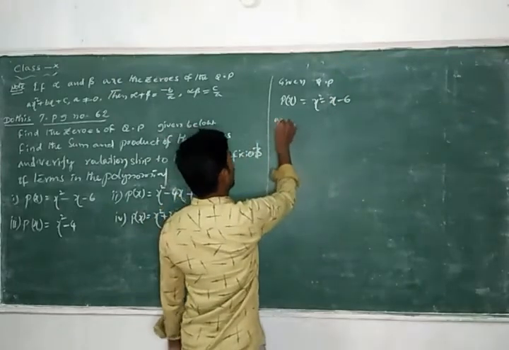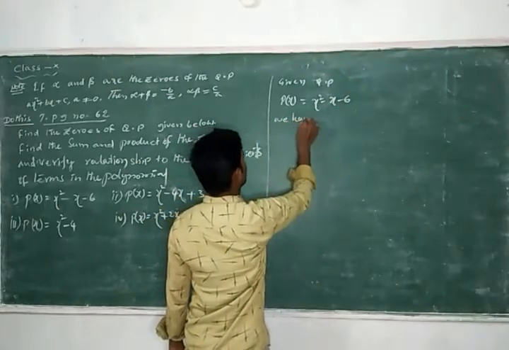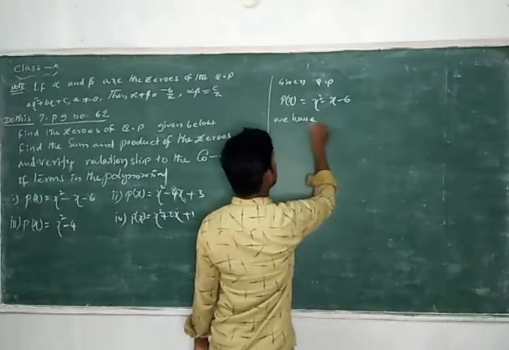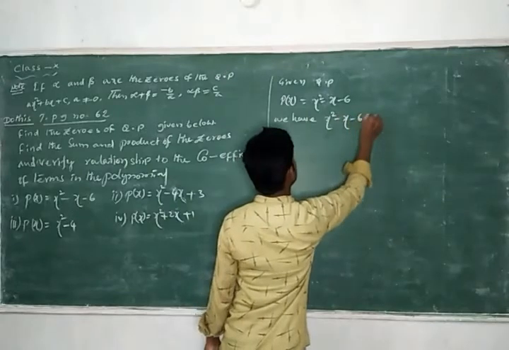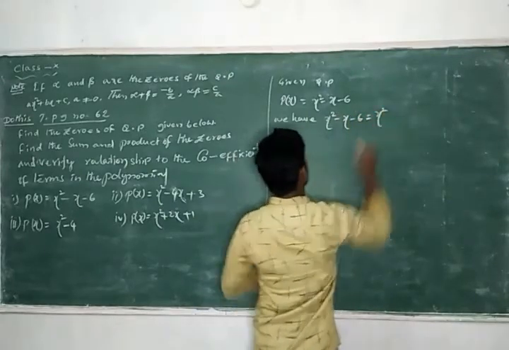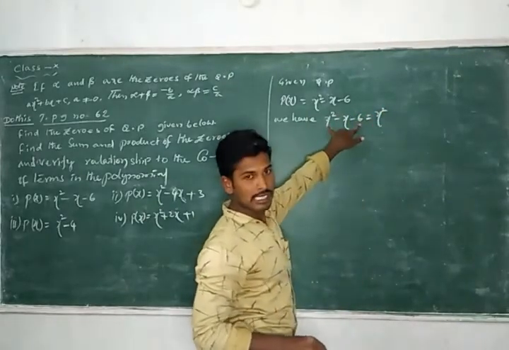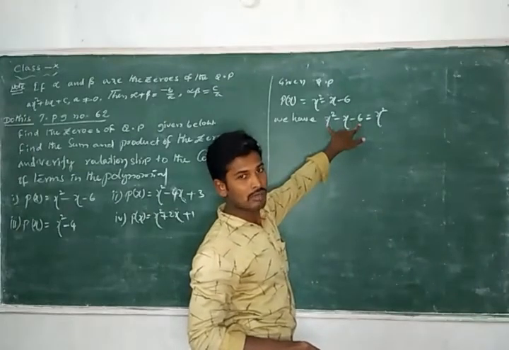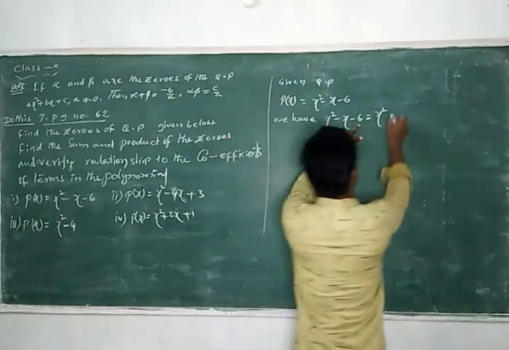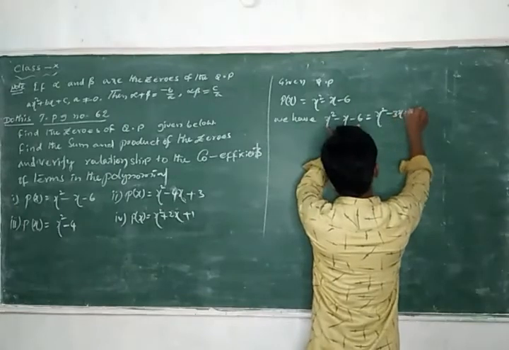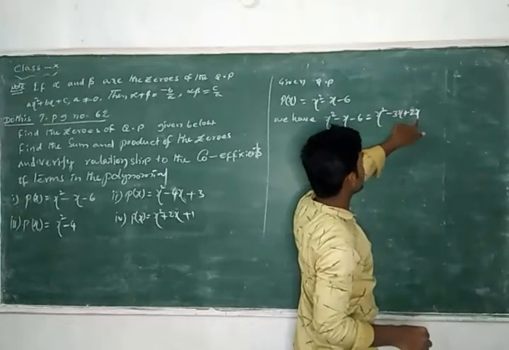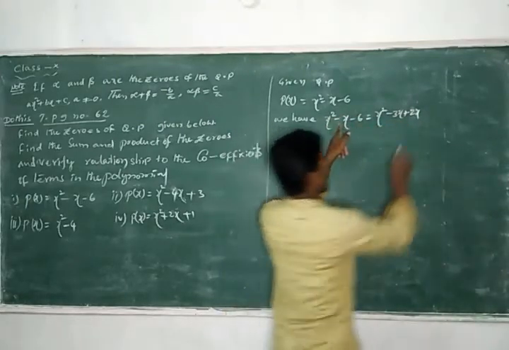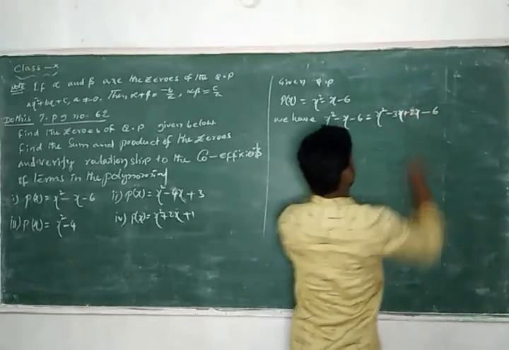Now we have x square minus x minus 6. Take the product of first term and last term, minus 6x square. Three twos are six, so minus 3x plus 2x, which gives minus x, and the product is minus 6. So x square minus 3x plus 2x minus 6.